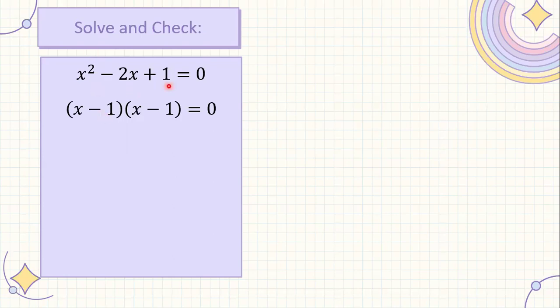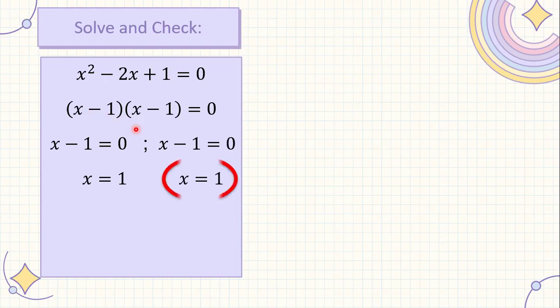Diba? Those are factors of 1, negative and negative. Pag inadd mo sila, that is still negative. So if we equate this one into 0, we have x minus 1 is equal to 0 and x minus 1 is equal to 0, such that x is 1 and the other one is still +1.